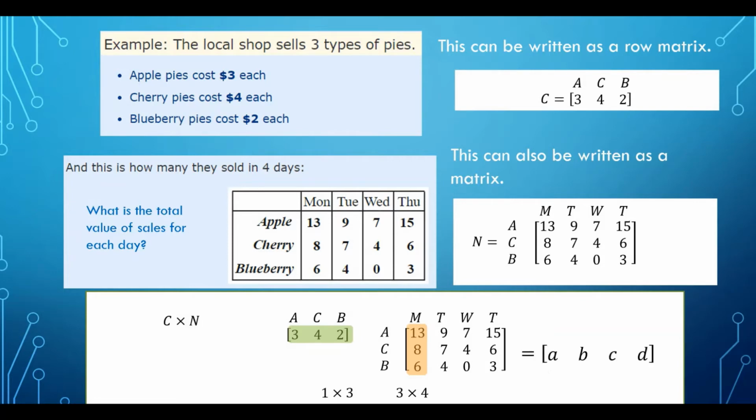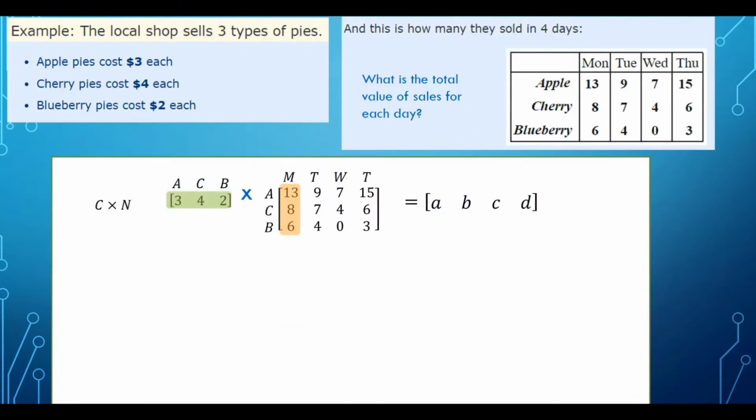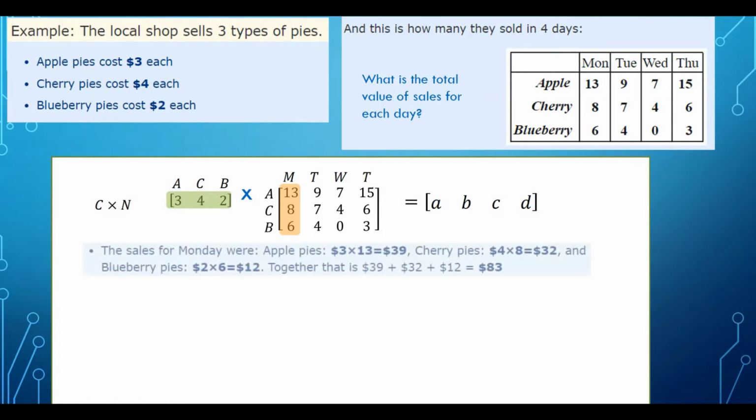The resultant matrix, because I have a 1 by 3 and a 3 by 4, the inner numbers being the same, is going to be a 1 by 4 matrix. And I'm just going to label my values with the pronumerals A, B, C, and D. So let's have a look at this in practice. I know that on Monday, 13 apple pies, 8 cherry pies, and 6 blueberry pies were sold.